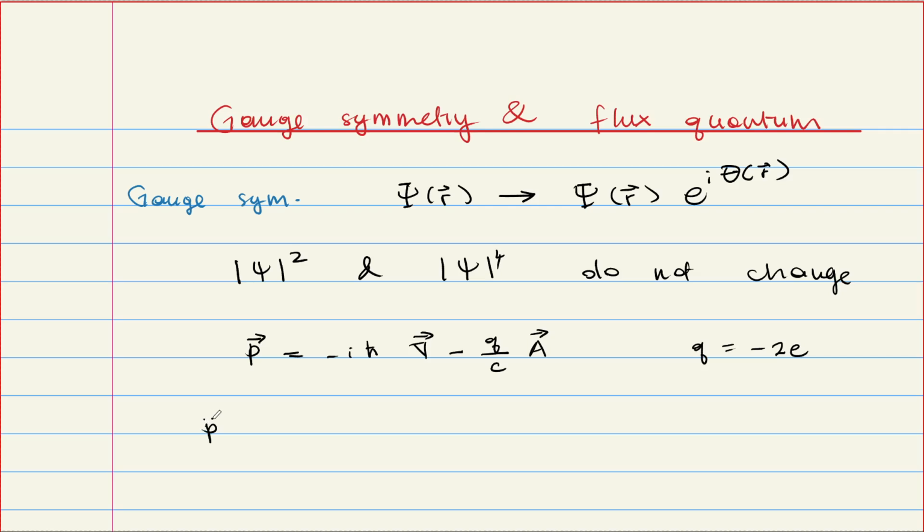Then I want to hit the order parameter with this and see how it changes. So this is minus i h bar gradient minus q over c A acting on psi of r times e to the i theta of r.